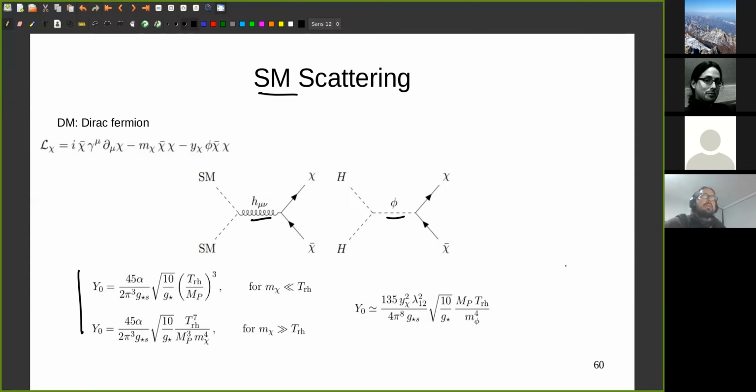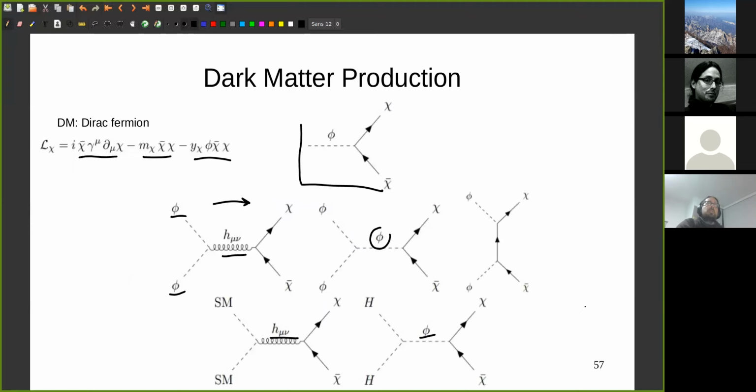So again, this contributes a maximum of a few percent of the total dark matter abundance. So all that for saying that even if we have several processes, typically the direct decay of the inflaton is the one that is going to dominate the total dark matter abundance. I do not have questions at this moment, otherwise I'm kind of done.